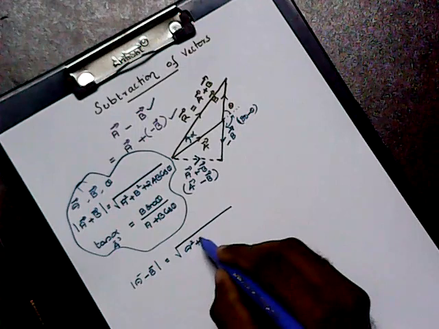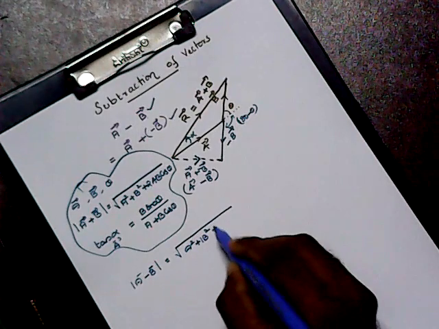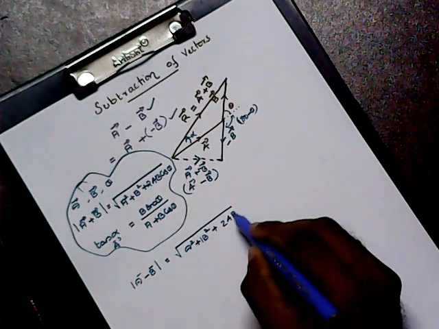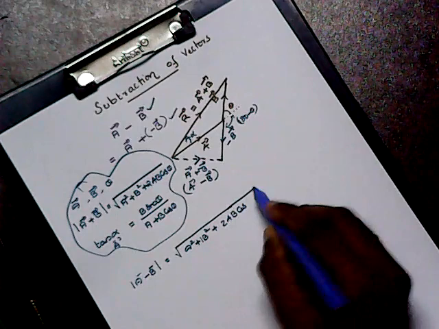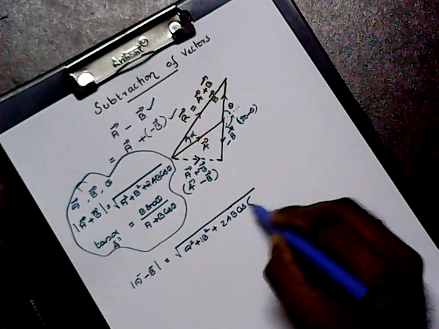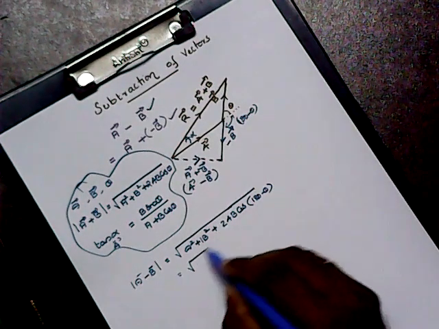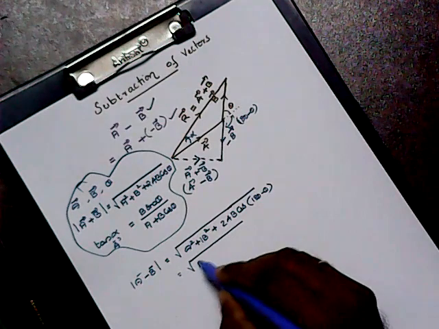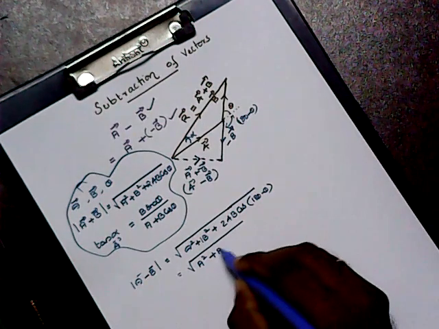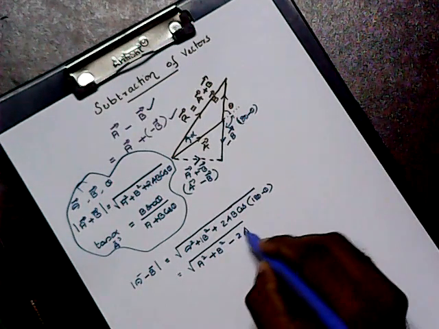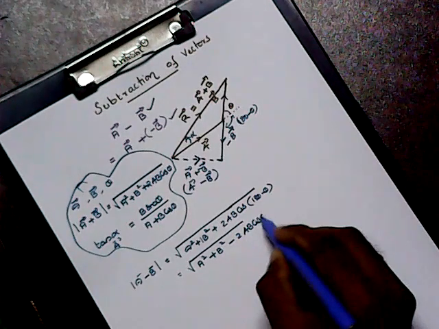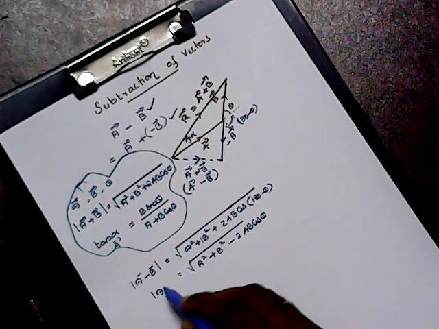So that is a square plus b square plus 2ab cos theta, where theta is here 180 minus theta. What is the value of cos 180 minus theta? Yes, it is minus cos theta. So you get the value a square plus b square minus 2ab cos theta. That is the subtraction.